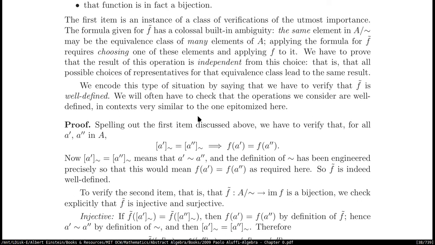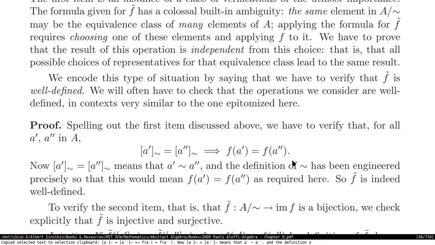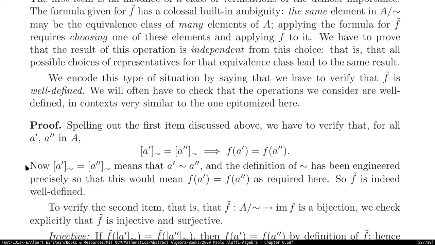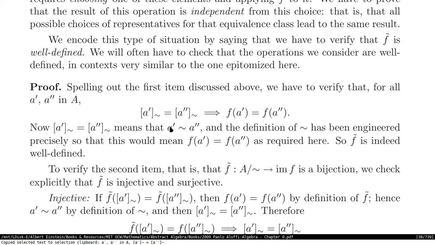So what we have to verify is that if you have two distinct elements, a prime and a double prime, and the equivalence classes of these two elements are equal, then the images of both of them are equal as well. If the equivalence classes of two elements are equal, you have an equivalence relation between these two elements, so now they're no longer distinct.